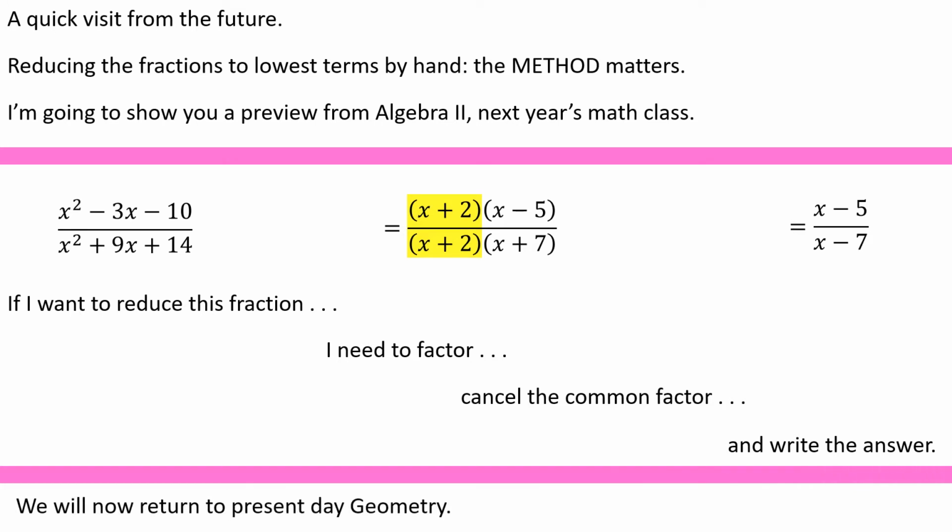Notice I didn't try to cancel the x squared with the x squared, because those aren't factors. I have to have only multiplication going on to be able to cancel. So that's why it's so crucial that we understand how to reduce fractions by hand and not rely on a calculator. Okay, let's go back to geometry.